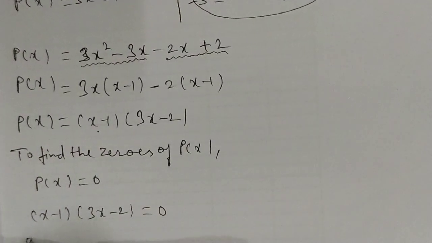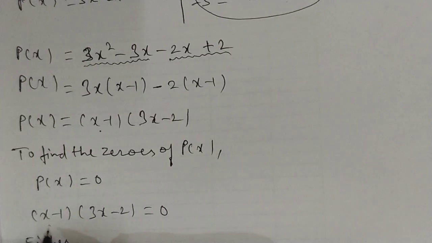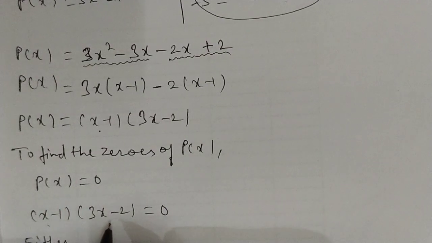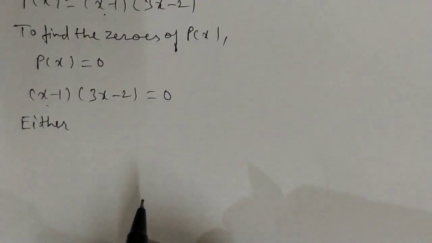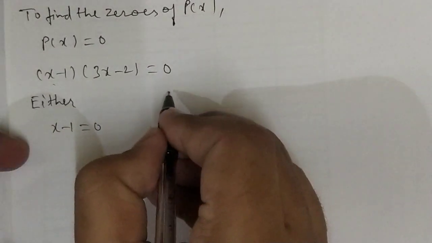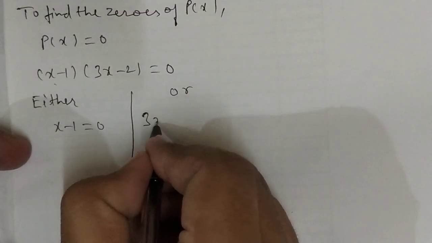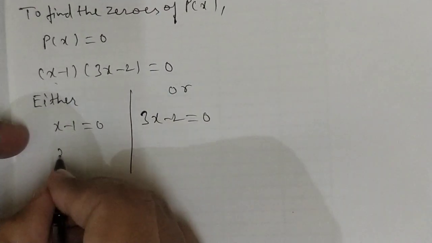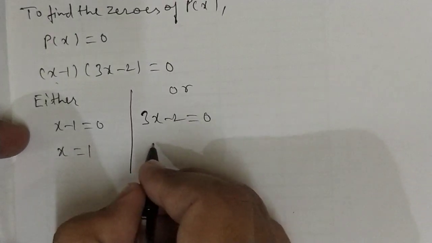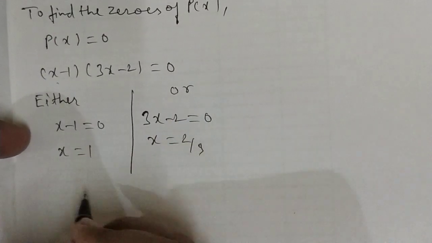If you see here, we are having two factors. So either x minus 1 is equal to 0 or 3x minus 2 is equal to 0. So I will write both. Either x minus 1 equal to 0 or 3x minus 2 equal to 0. So x will be equal to 1, and if you solve this you will get x is equal to 2 by 3.